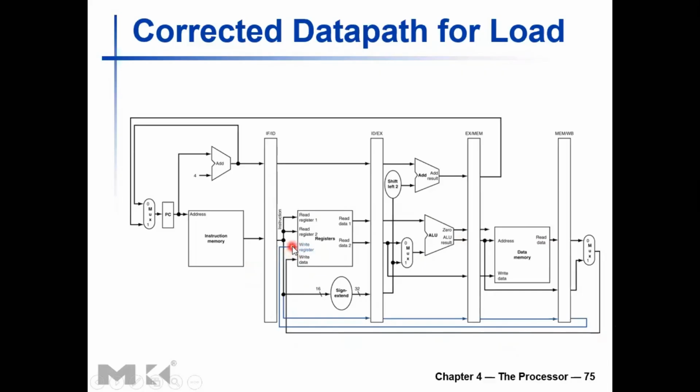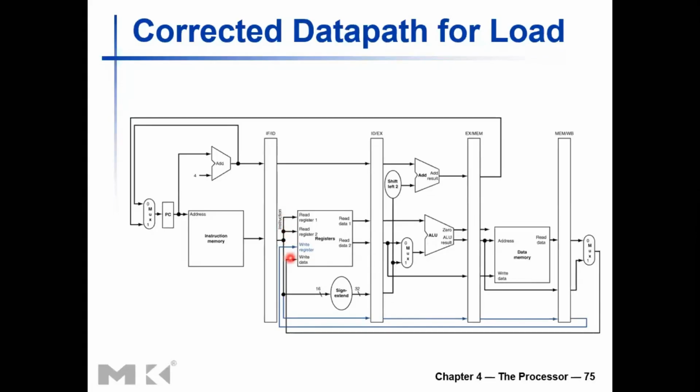You can have a multiplexer if you want, but you don't need it because the writing happens only at the write back stage. Writing does not happen at the instruction decode stage. So there is no need to have another connection from the IFID pipeline register to the write port here and add a multiplexer also. It's not needed.